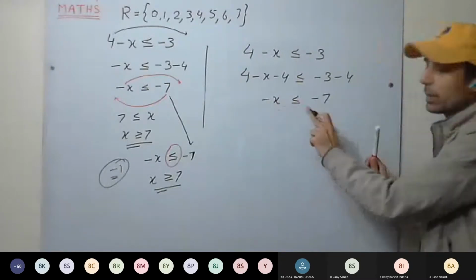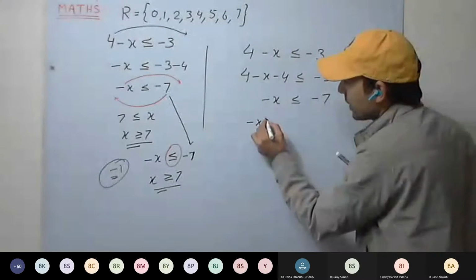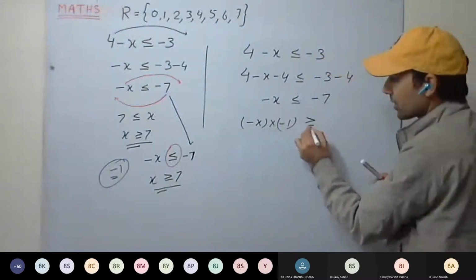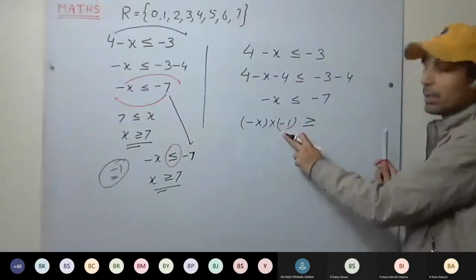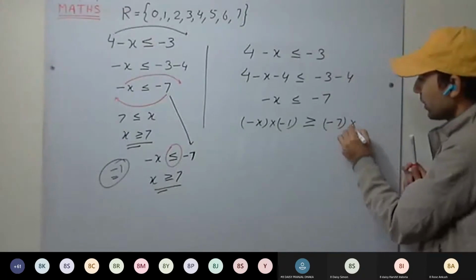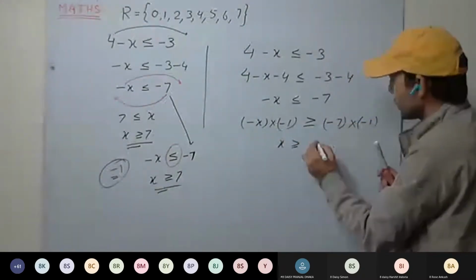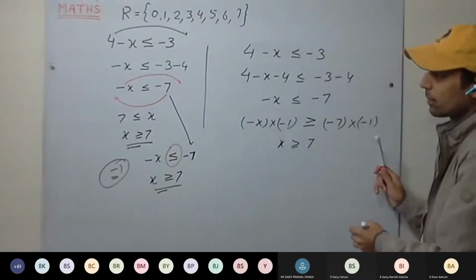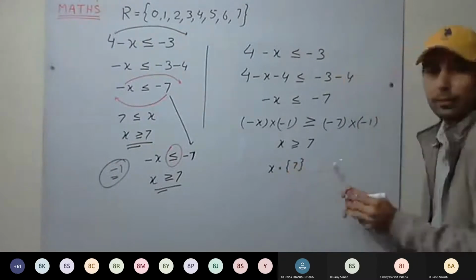Now we have to multiply both sides by minus 1: minus x into minus 1, the sign will change. As we multiply or divide both sides by minus 1, the sign will change. Minus 7 into minus 1, it will be x greater than or equal to 7. So the answer is only 7 as the element.